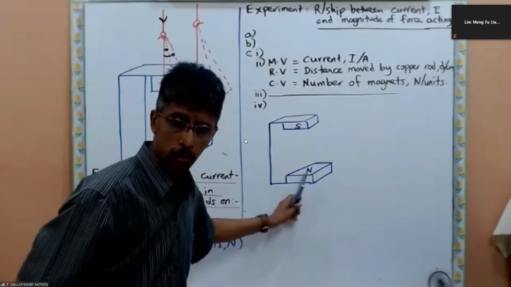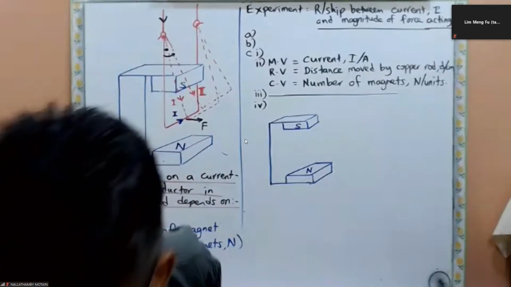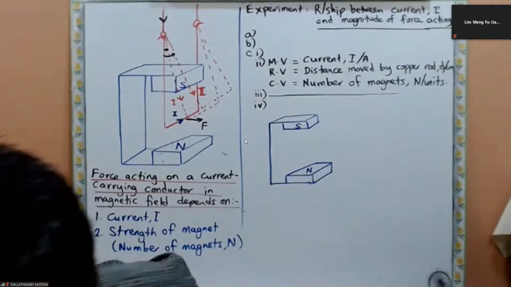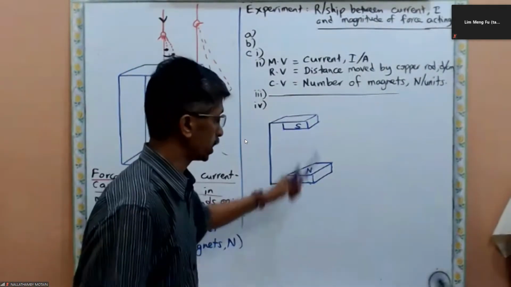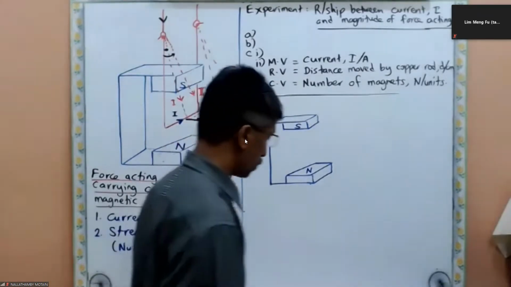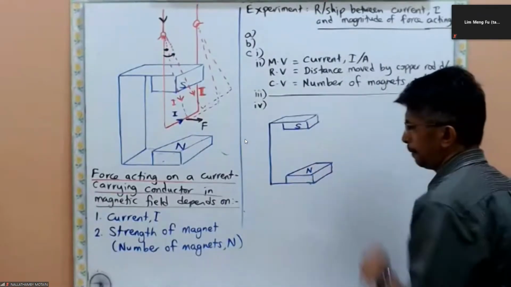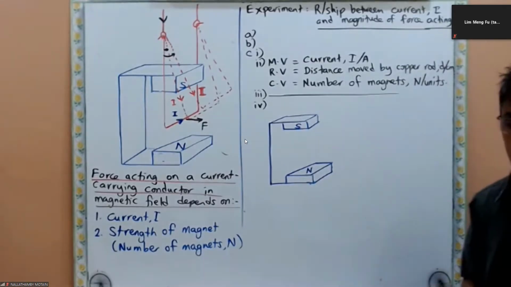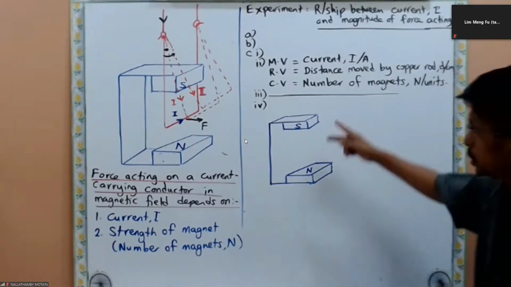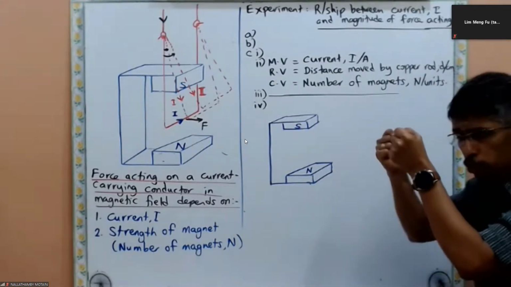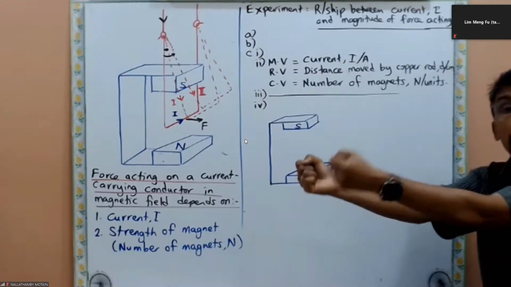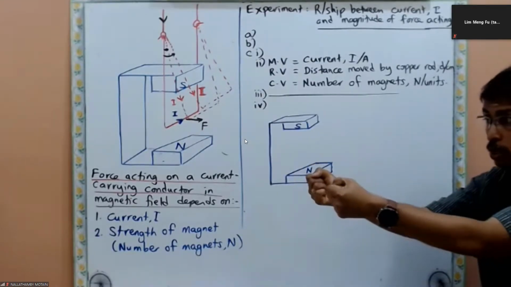In between these two magnets, we are going to place two thick copper wires, or aluminium also can, but must be thick.